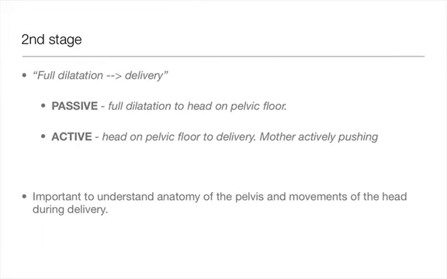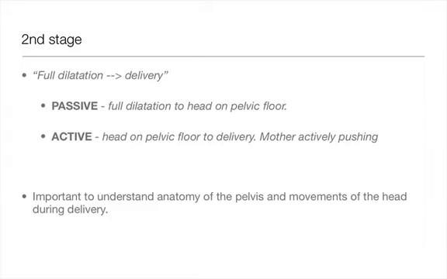The second stage is timed from full dilatation of the cervix until the delivery of the baby. It is divided into two parts. The first part is the passive descent of the head through the pelvis and onto the pelvic floor, often with some rotation.